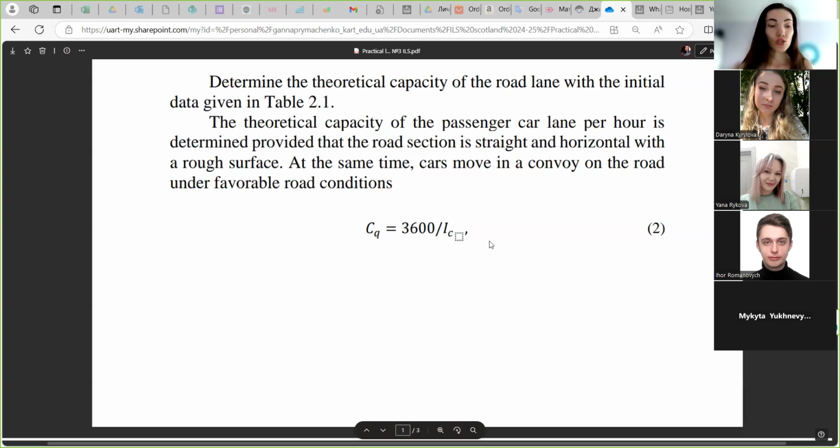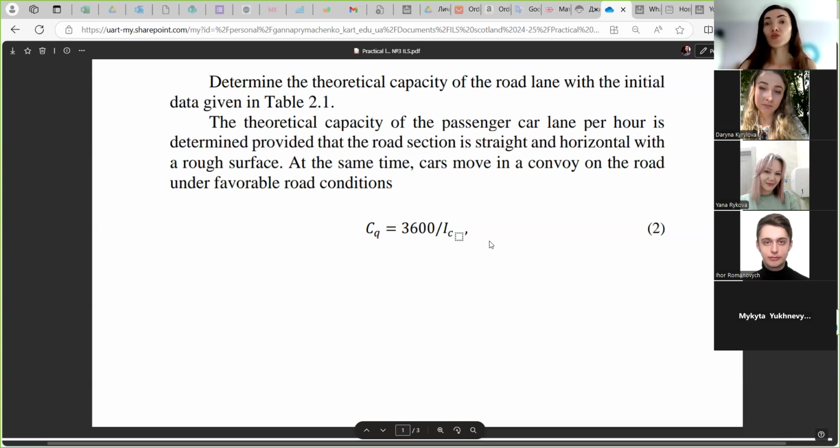We don't need to round it up or down. We use the result what we have. It is okay for such parameters of theoretical capacity. So theoretical capacity, it is so many cars we can put throughout our road in the period of time, in our situation, it is cars in hours.